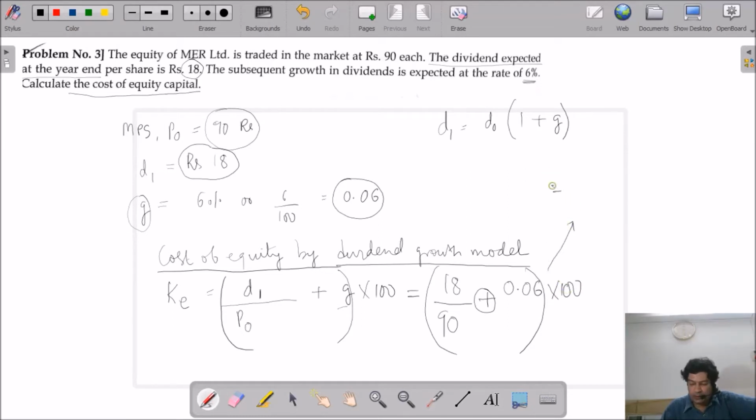This I am solving here. So 18 I will divide by 90, so 0.2 plus 0.06, into 100, so I am going to get 26%. So 26% is my cost of equity by dividend growth model.